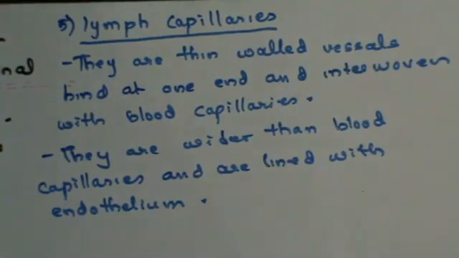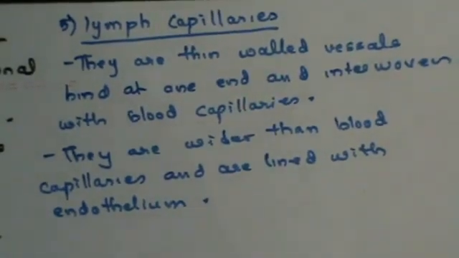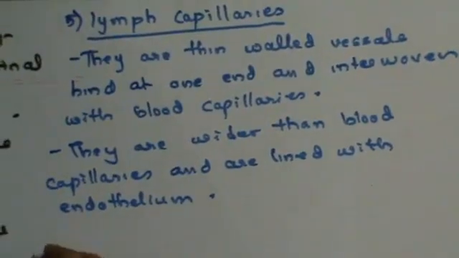They are connected to one end of the blood capillaries, interwoven with blood capillaries, and made up of a single layer of endothelium. They are thin walled and slightly wider than the capillaries. So that was the lymph capillaries. Let's see lymphatic vessels.